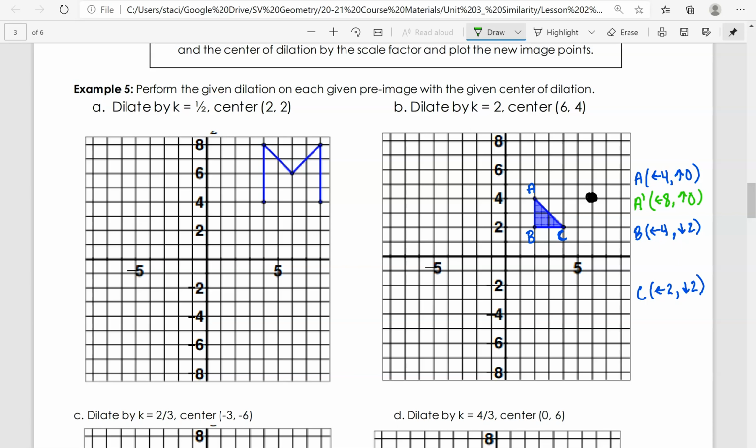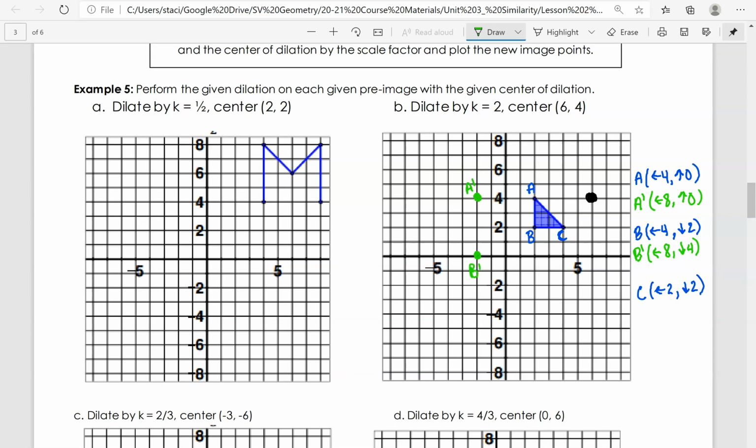So I'm going to go over 8, and then not go up or down any. So there's A prime. For B prime, that's going to become left 8 and down 4. So I'm doubling the distances. If I go over 8 and then down 1, 2, 3, 4, B prime ends up right here.